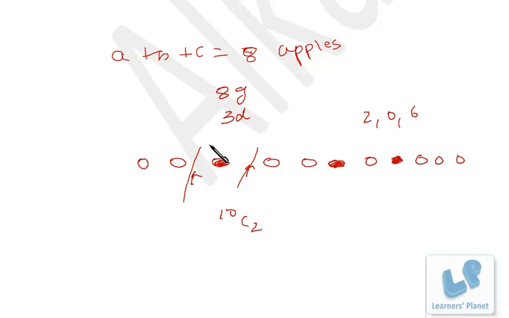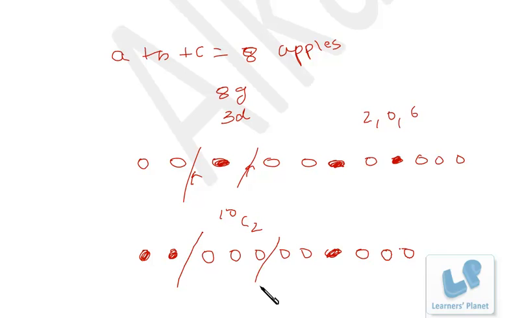Suppose you arrange in this manner, 1, 2, 3, 4, 5, then this 7, 1, 2, 3, 4, 5, 6, 7, 8, right? And suppose you select 2 gaps, then it will be 0, 3 and 5, right?